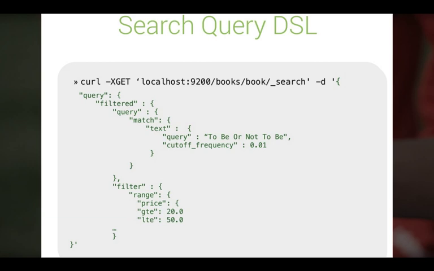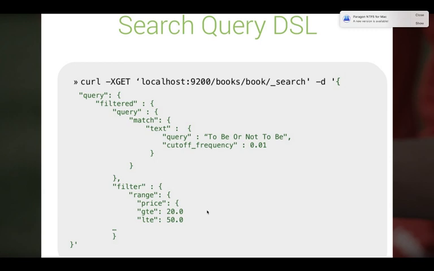So it's a compound query. You can see here we have two conditions. One condition is that we are searching for a text query, and the other we are searching for a range of price. In the below filter operation, you can see we have a range of price which defines greater than or equal to, less than or equal to.